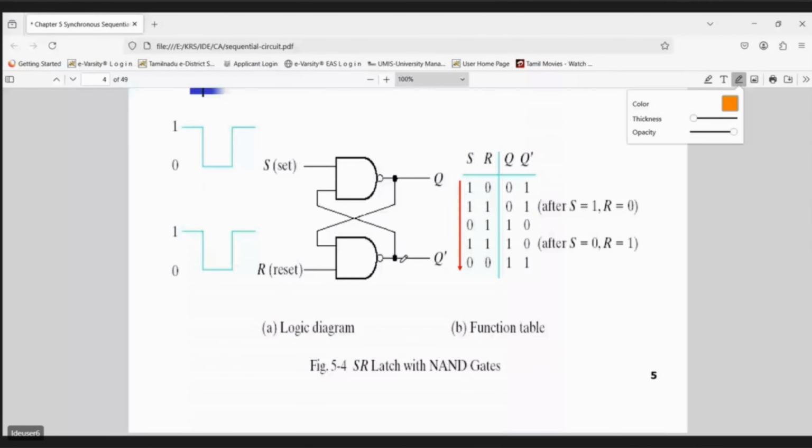So there are two inputs S and R and two outputs Q and Q dash. So RS flip-flop or SR latch with NAND gates.